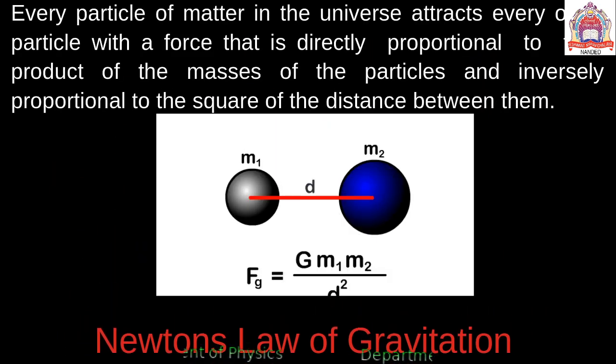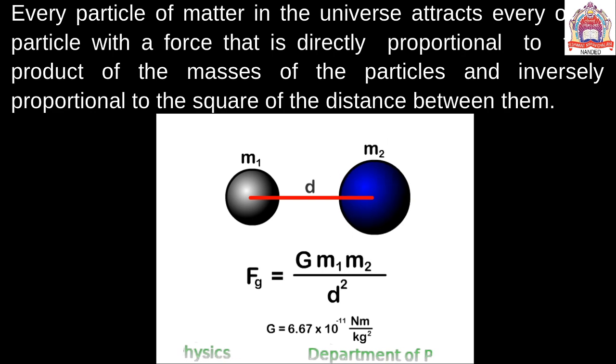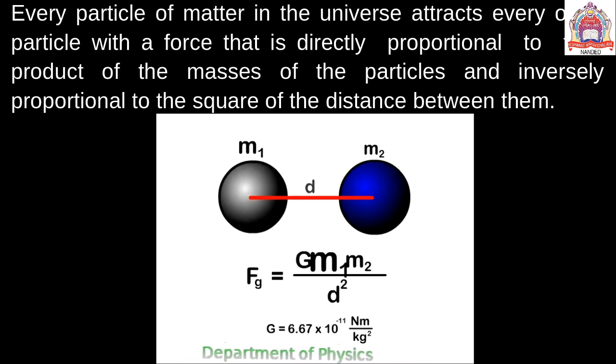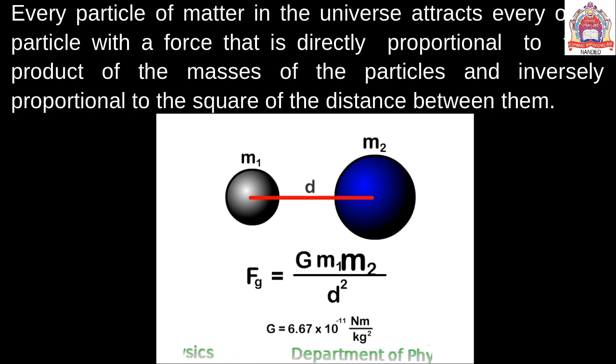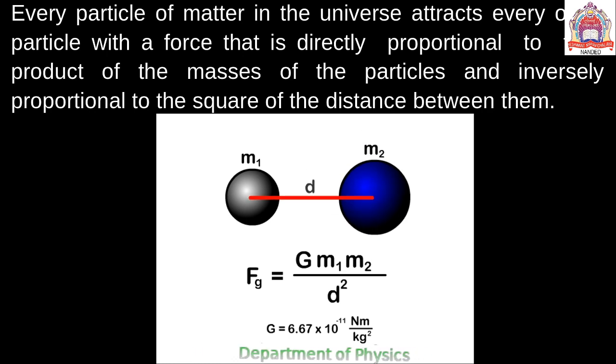The universal gravitational constant is the inverse square law. If the distance doubles, the force drops to one-fourth. If the distance triples, the force drops to one-ninth.